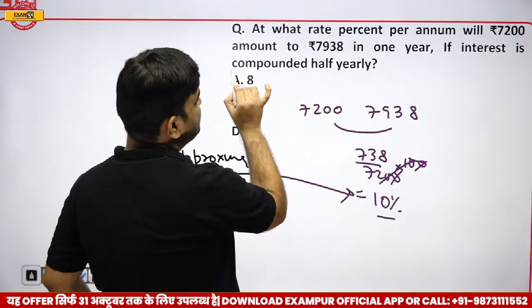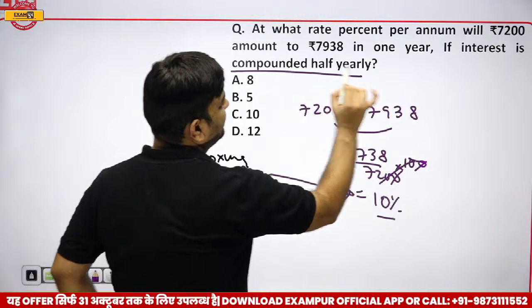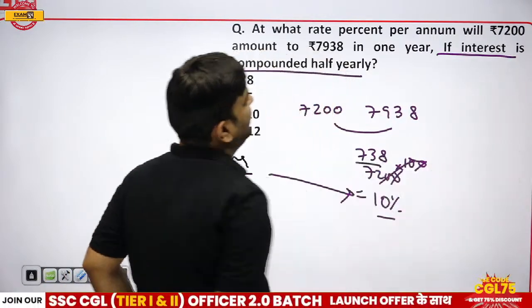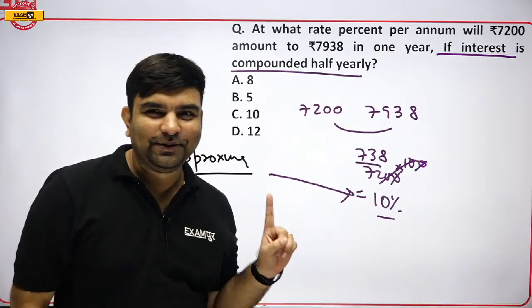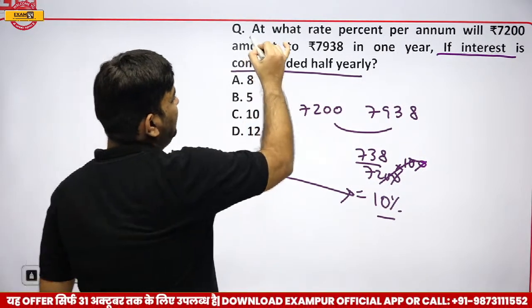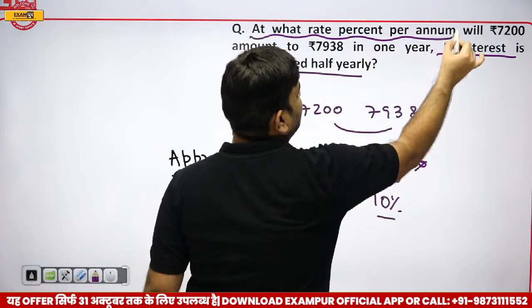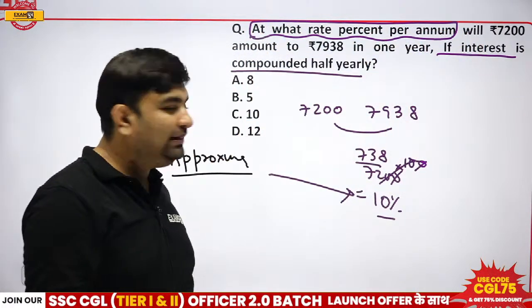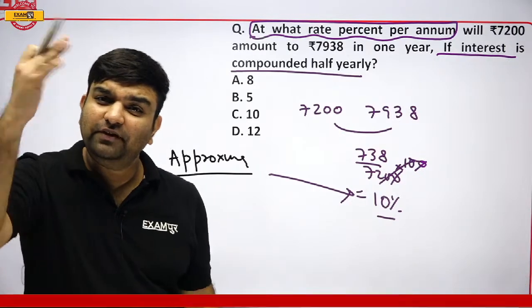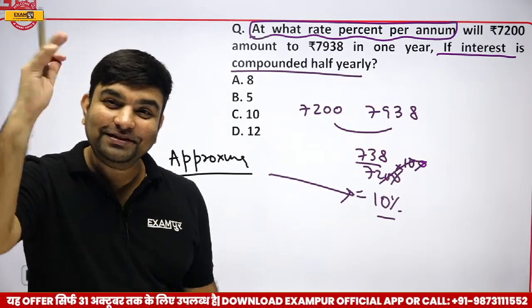You want the rate as compounded half yearly. Okay. But the problem is they are asking the rate percent per annum. Everyone is wrong.